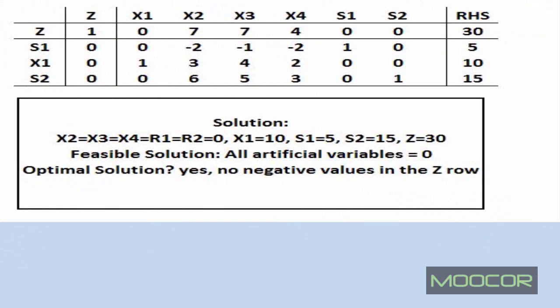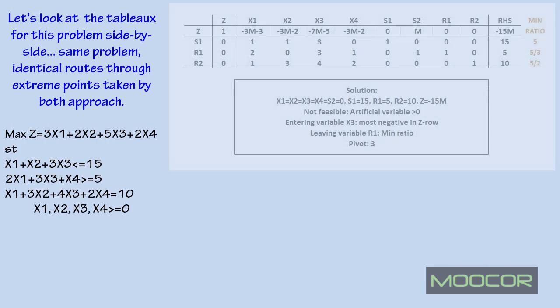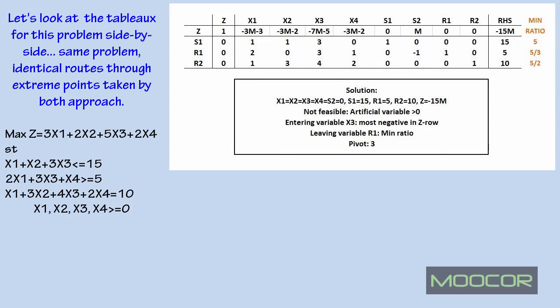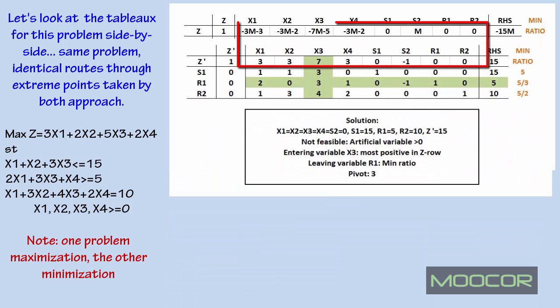So let's now compare these two tableau sets that I have with each other, the two-phase and the big M. Notice how similar they look. First of all, the entries inside the tableau are the same, and the only difference is in the values of the objective function row.